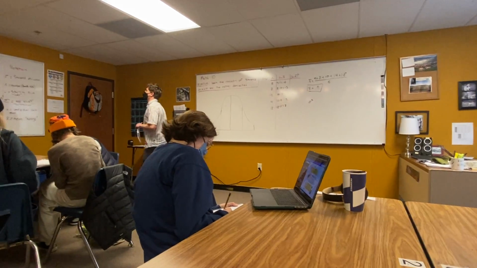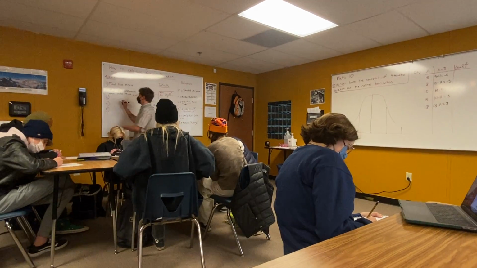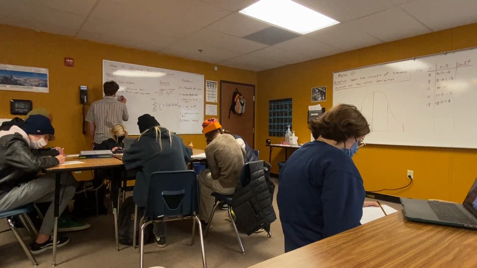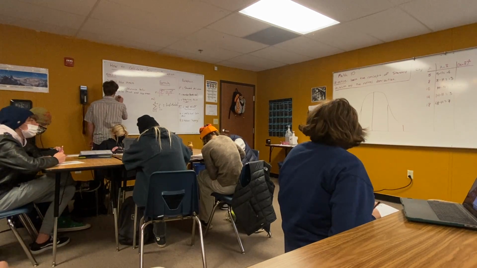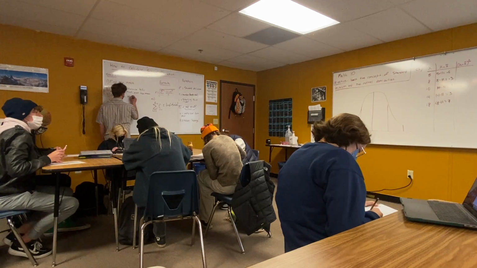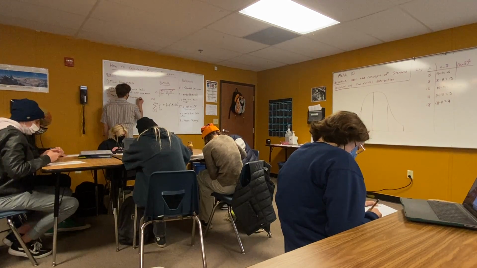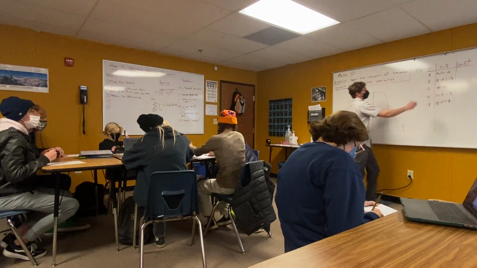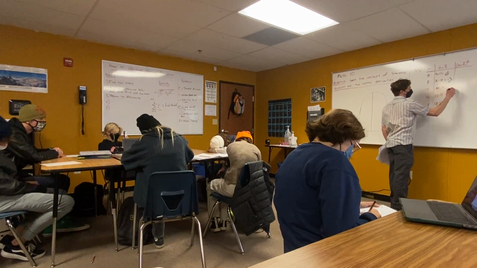And then our third step for calculating standard deviation is we're going to square the differences. What I mean by that is these numbers we got right here, we're going to square them.